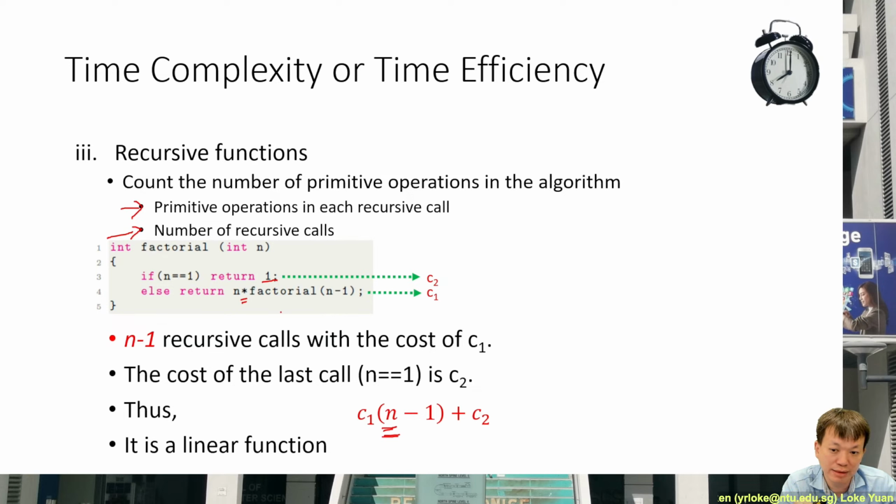Here, the recursive call must run before the multiplication, so they need to hold the status of n while waiting for the result to return. That uses a lot of stack memory to store this information.